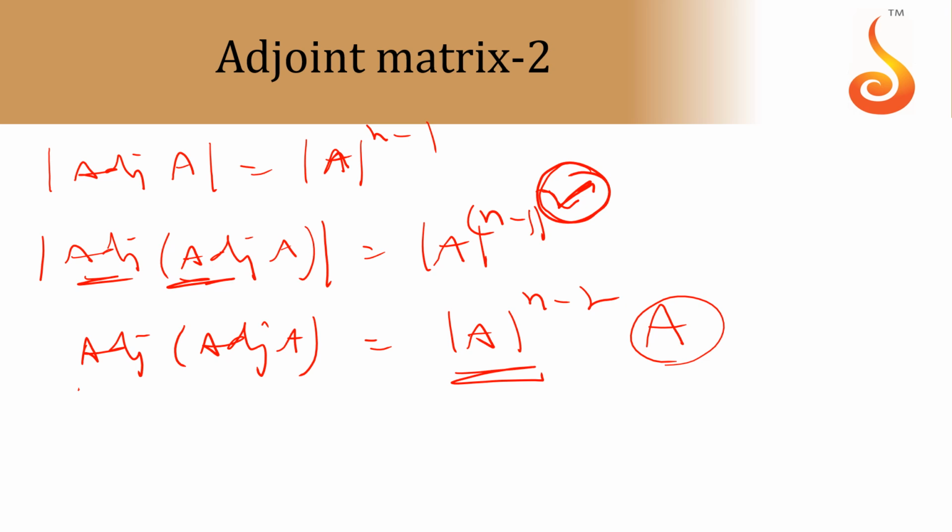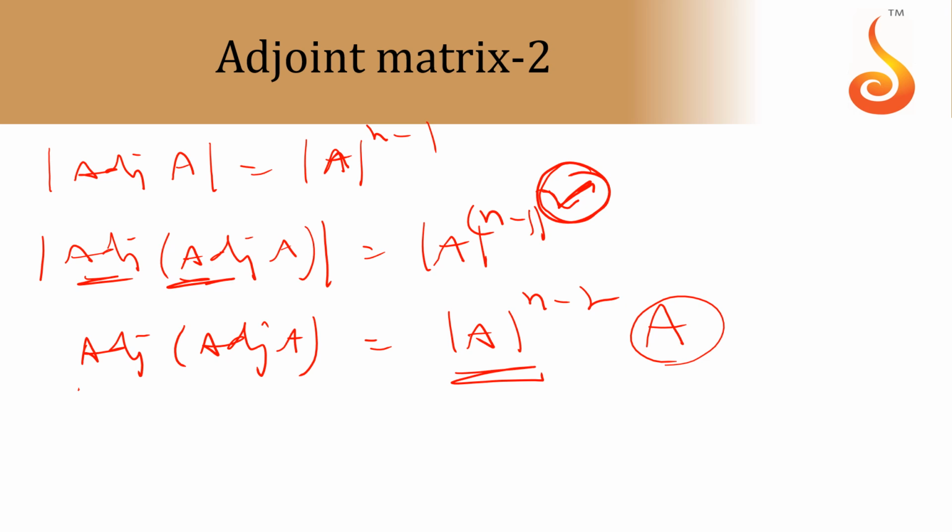Again to calculate the adjoint of that adjoint A matrix, 9 elements, cofactors, transpose, it is very lengthy. But the formula is adjoint of adjoint A is det A whole to the power of n minus 2 into A. Even this can be developed with the main formula A into adjoint A equal to det A into I. Put adjoint A in the place of A, and you will get the result.